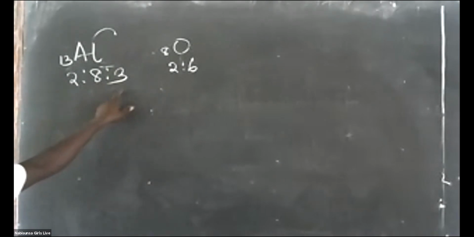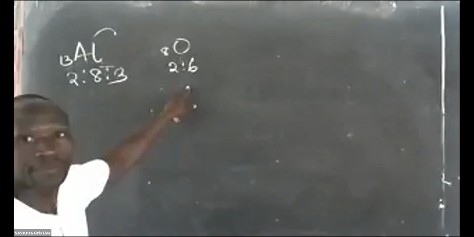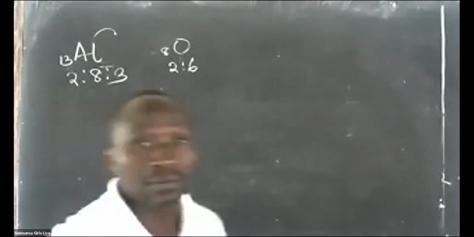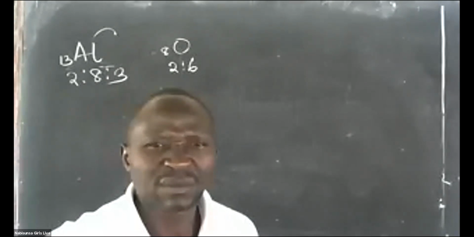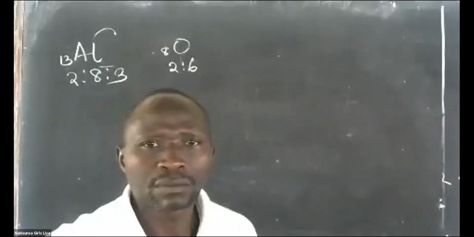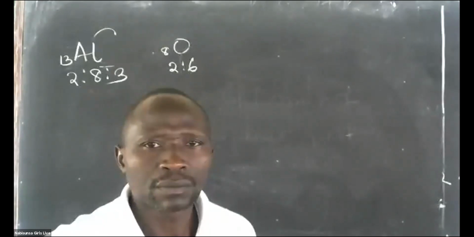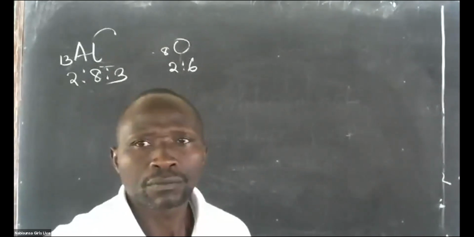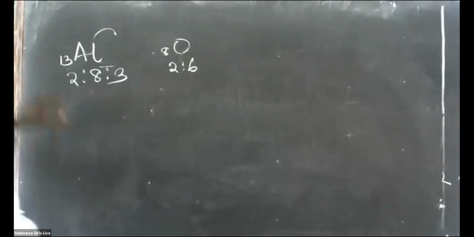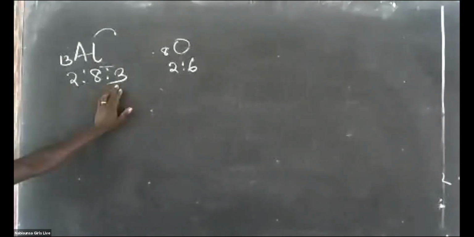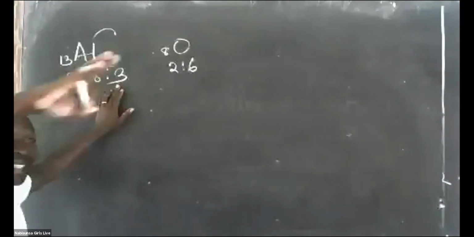Aluminium oxide, oxygen 2, 8. So electronic structure for aluminium. When you look at this, aluminium can give out a maximum of how many electrons? 3.